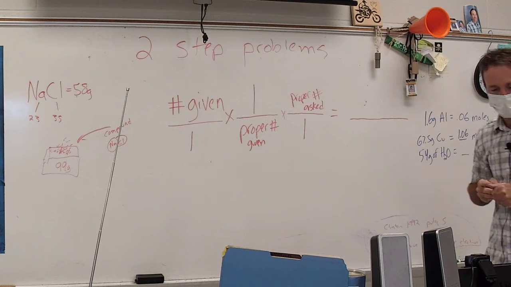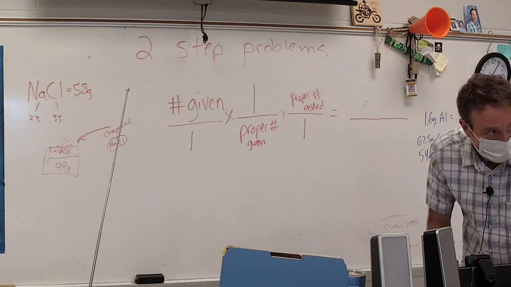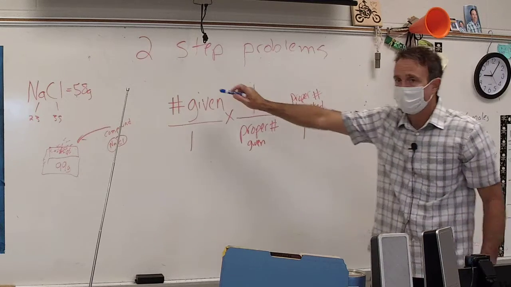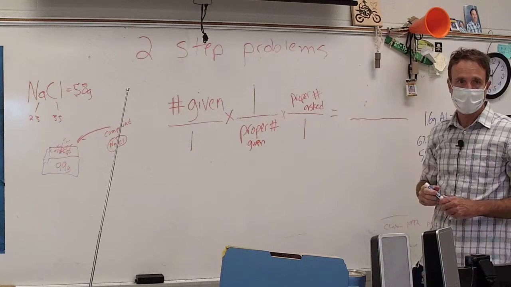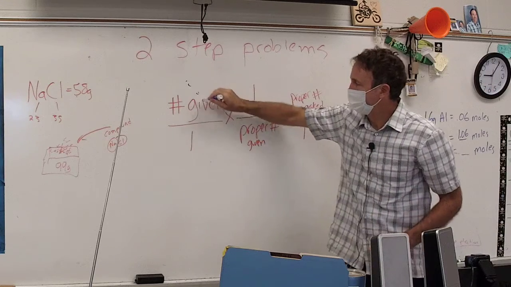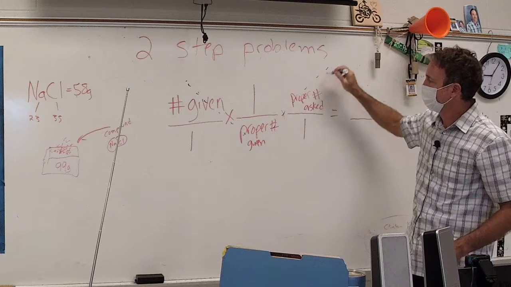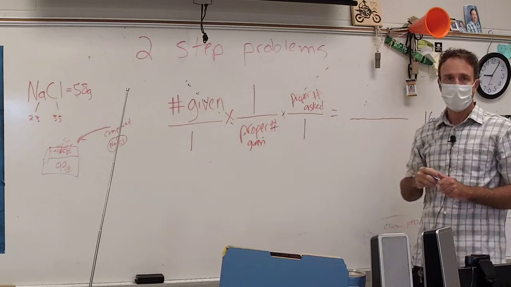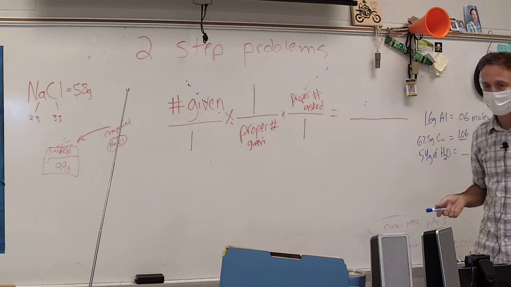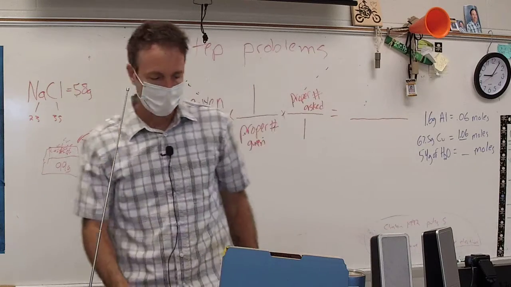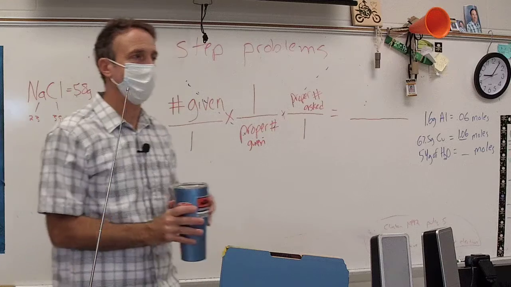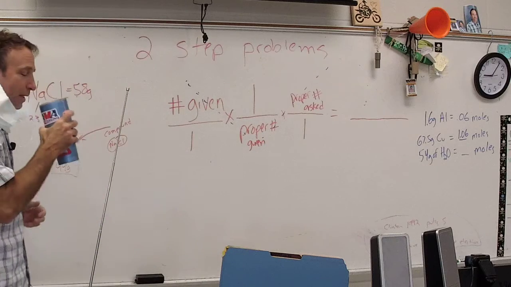Now, when I say this is a V-shaped equation, that's because you enter a number here, here, and here. Does that make sense? This is what I mean by the equation being V-shaped. And if you go ahead and write these numbers down, then you're going to be right every time. Okay?